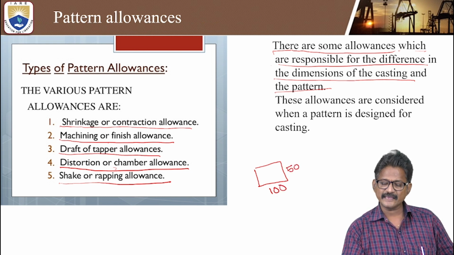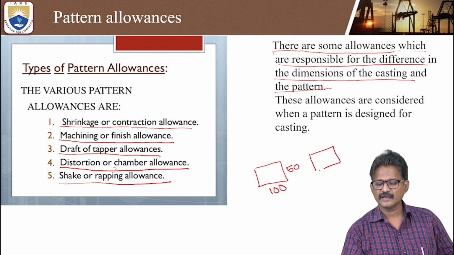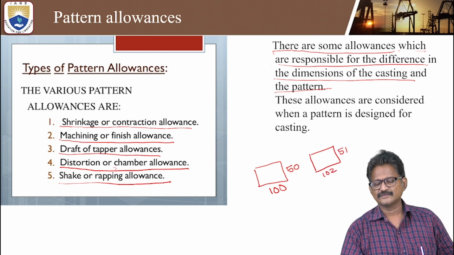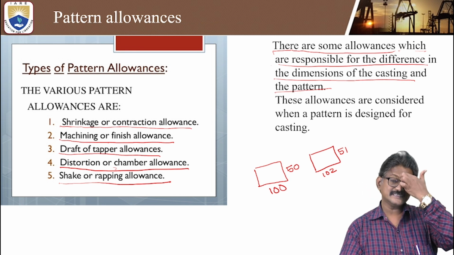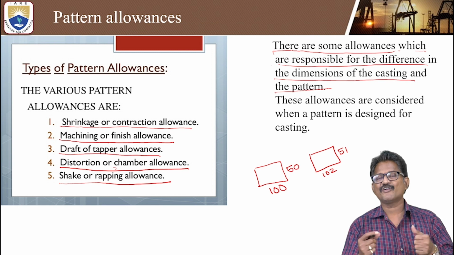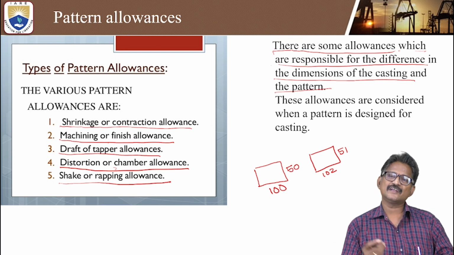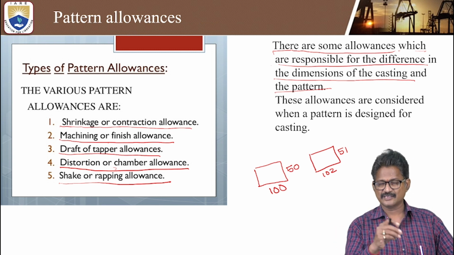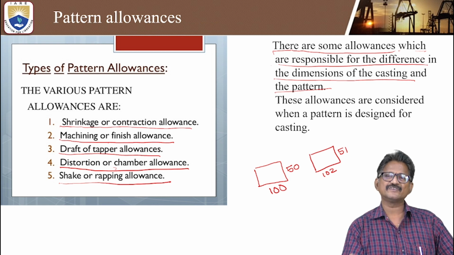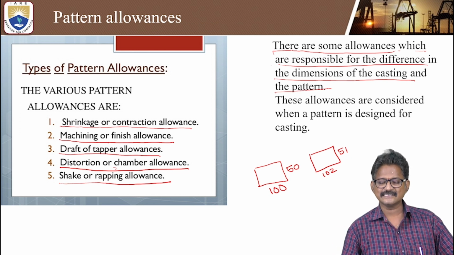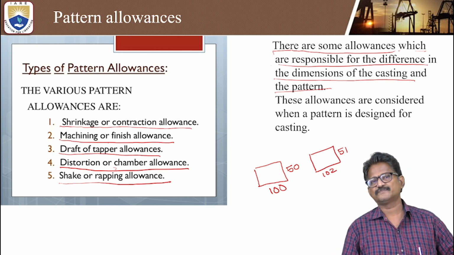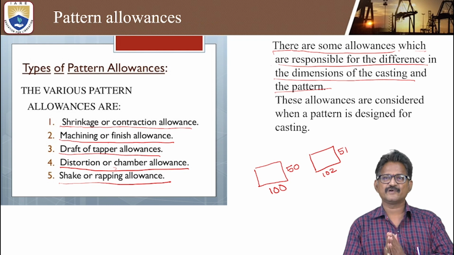After applying the shrinkage allowance, these dimensions would be 102 and 51. So depending upon the allowances applied, it can change. There will be contraction and expansion, and depending upon solid, liquid, or solid-liquid types, it may be classified. We will discuss in detail the step-by-step process of the different types of allowances.